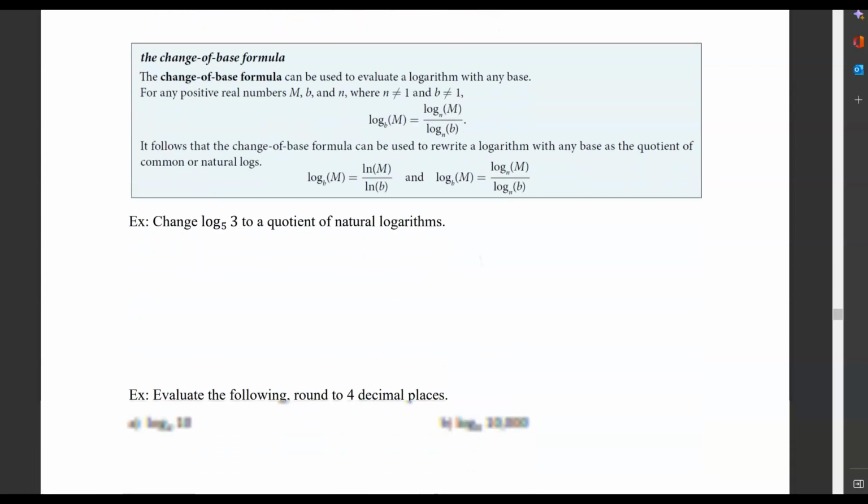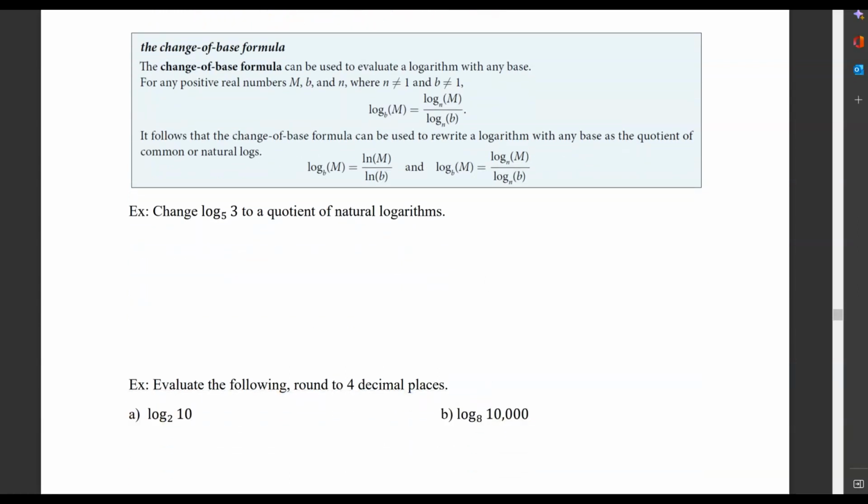All right, let's take a look at the change of base formula. The change of base formula tells us that it can be used to evaluate logarithms with any base. For any positive real number m, b and n cannot equal 1. We have that the log base b of m can be broken down, so any base we want, we can break this up by taking the log base n, our new base, of our original input m, and divide that by the log base n of our old base b.